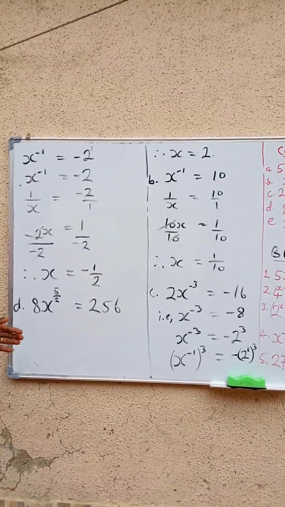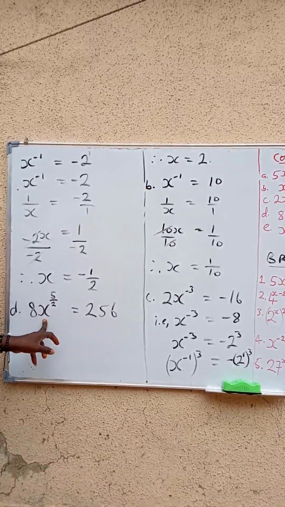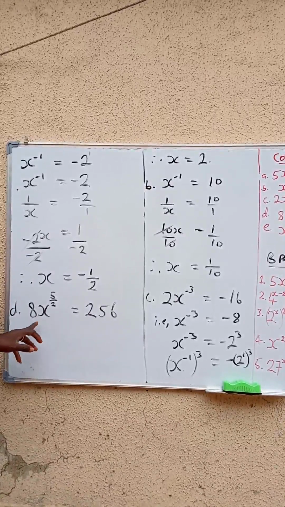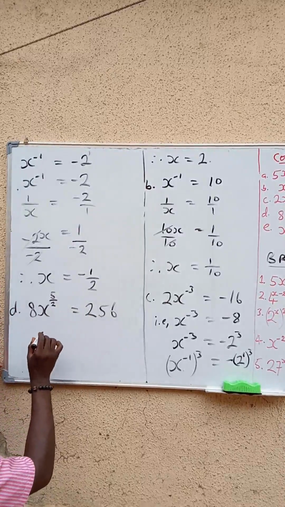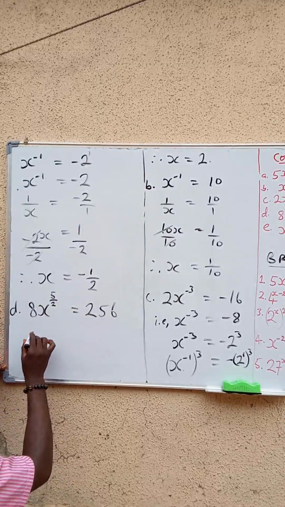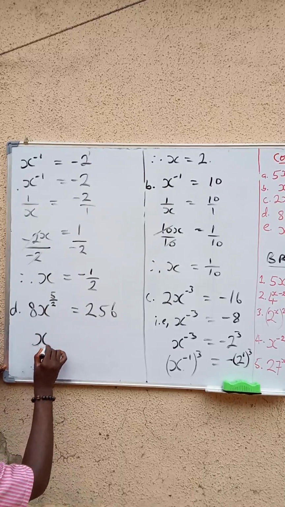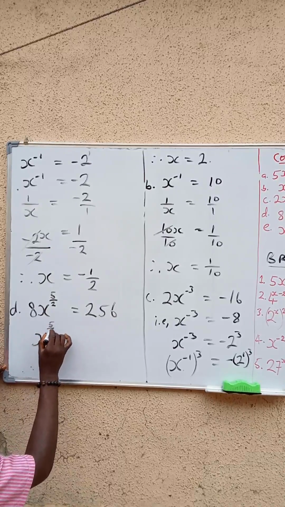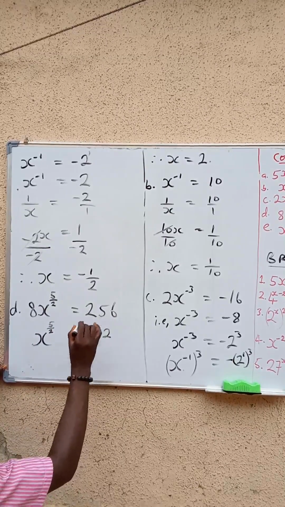Now, the first thing to do is to make sure that the coefficient of x, no matter the power or index or exponent, must be 1. So I'll divide both sides by 8. So that means I have this place to be what? x raised to the power of 5 over 2 is equal to what? 32.